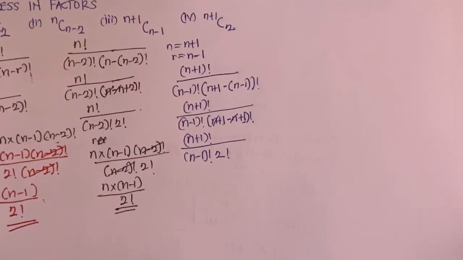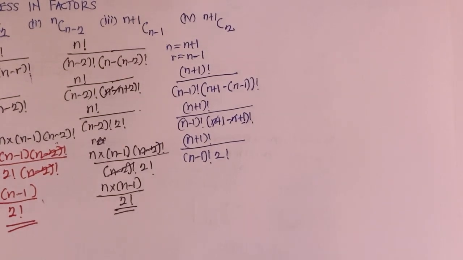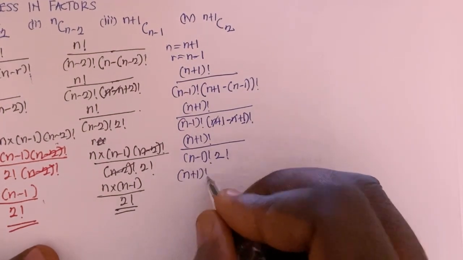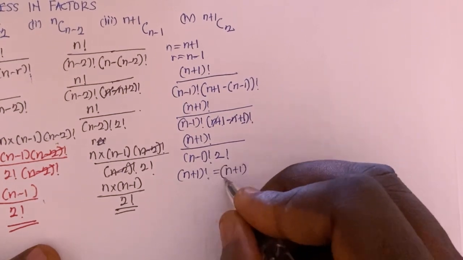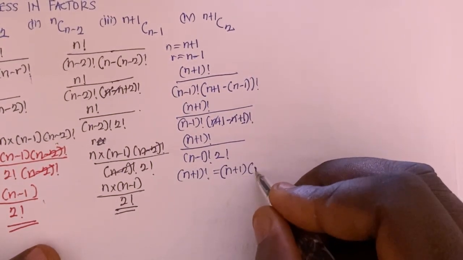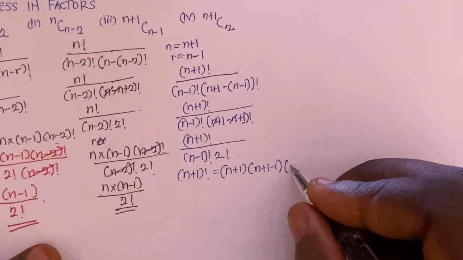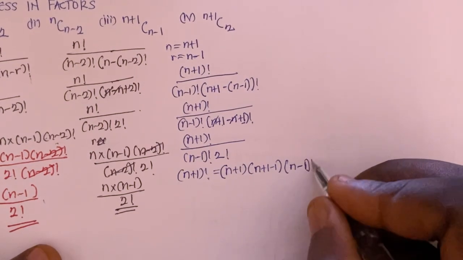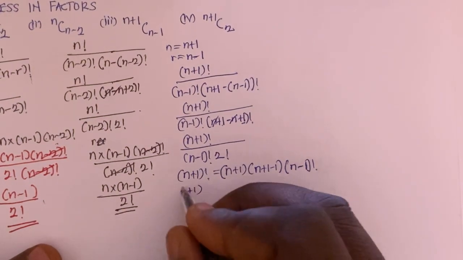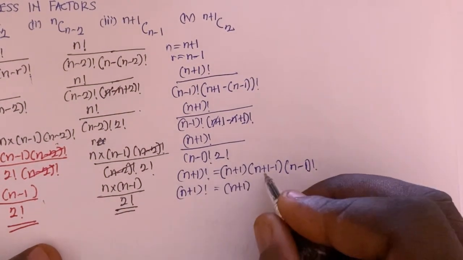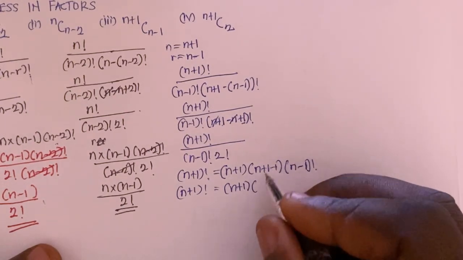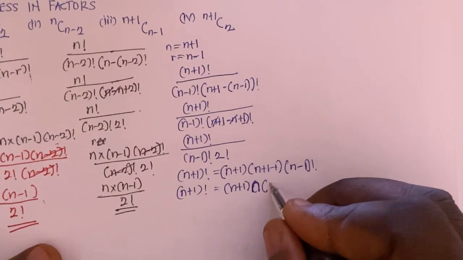Now let's check if I can still simplify this one. We have n plus 1 factorial divided by n minus 1 factorial, 2 factorial. We recall that whenever we have n plus 1 factorial, it's the same as writing n plus 1, then n plus 1 minus 1, which is our n, then n minus 1 factorial.